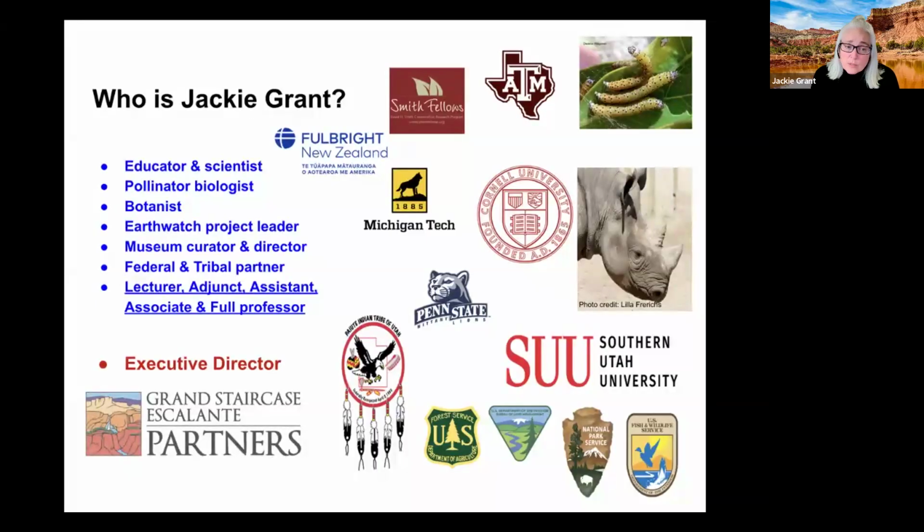And in 2023, I was lucky enough to be selected as a Fulbright Scholar to New Zealand, where I studied the intersection between Western science and Indigenous seed collection practices with the Maori people of New Zealand, and came back from the Fulbright and had a change of heart about life and applied to become the executive director of Grand Staircase Escalante Partners, which is where I am today. Next slide, please.